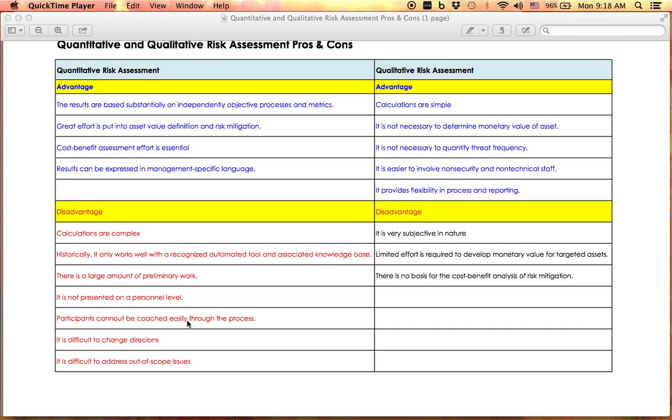And the next is it is difficult to change the direction. This is a part where we need to identify what is different, and the way that we can convince what components need to be done before we conduct the risk assessment. The last one is it is difficult to address cut or scope issues.